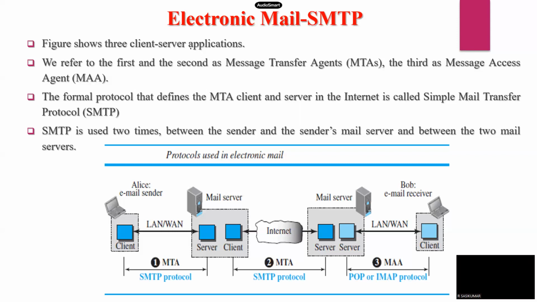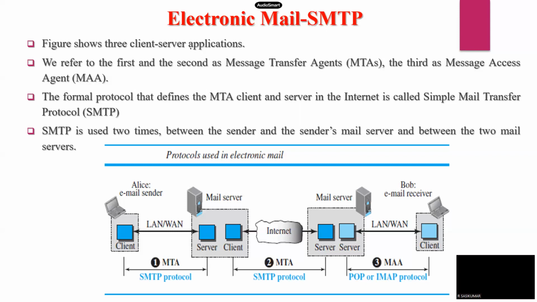The remote server will be connected to the client with the help of a Message Access Agent. The first two will be connected with the help of an MTA, a Message Transfer Agent, which transfers the message from client to server via the internet. In the last phase, we have an MAA agent, a Message Access Agent. With the help of this agent, the server will be connected to the client.